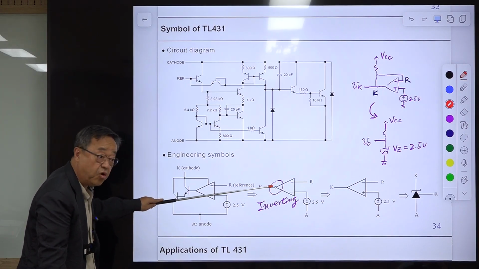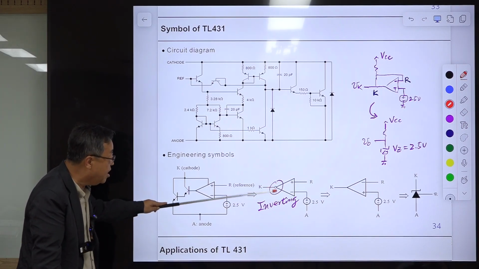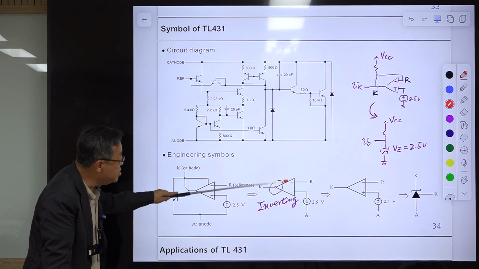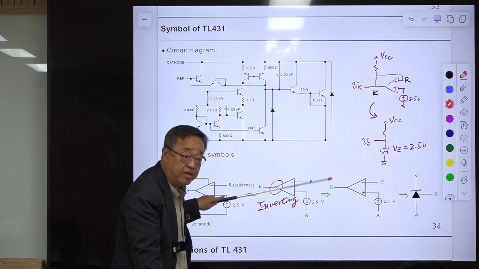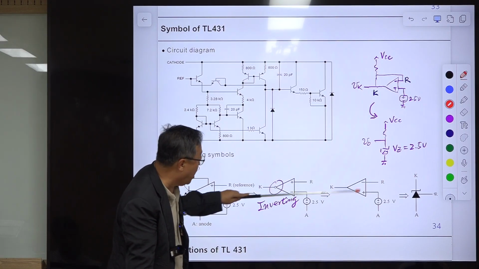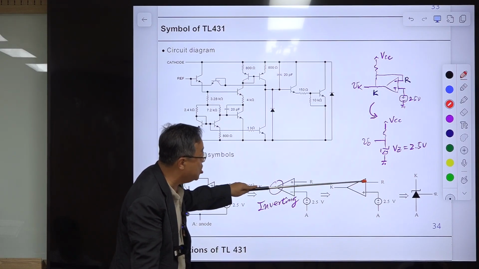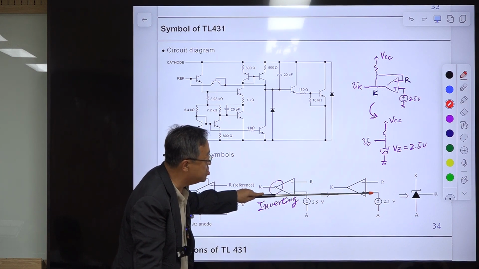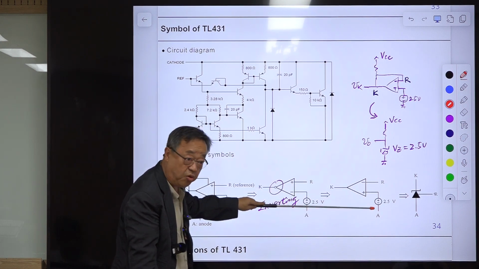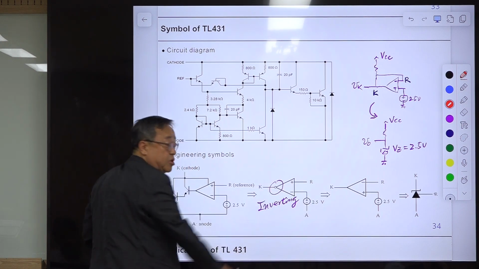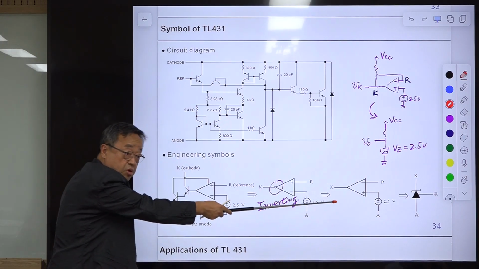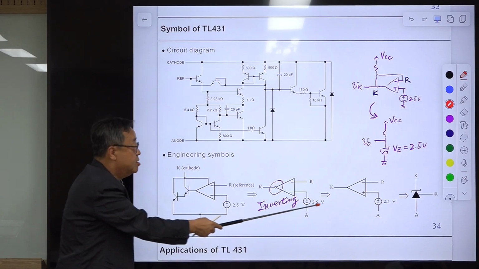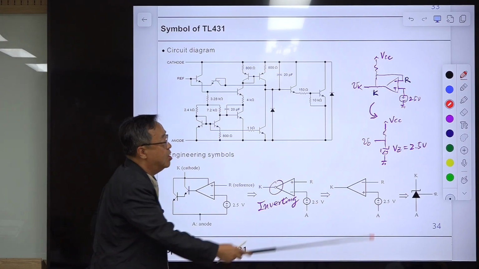This is not an inverter, it is inverting functionality, and with this the sign changes. Okay, so this is the normal sign we are using. This R becomes the inverting terminal. This becomes the non-inverting terminal. This is swapped because of this. Okay, so I'm using this in my textbook. The book I wrote, I'm using this, and some people use this.